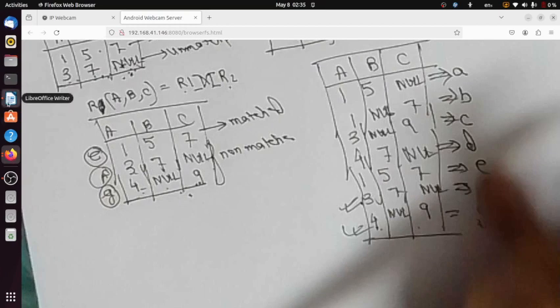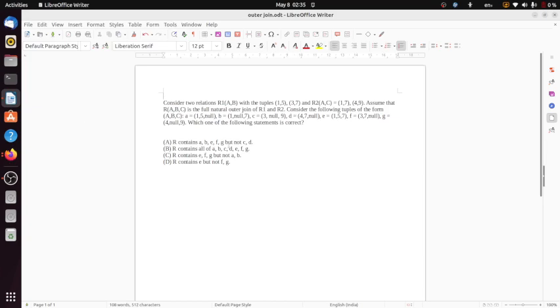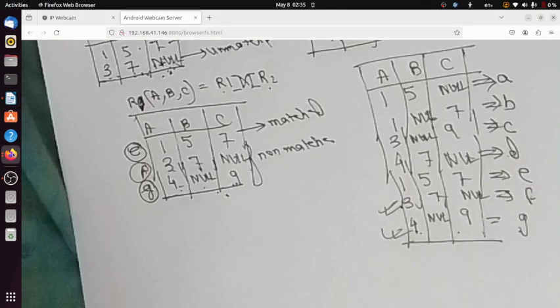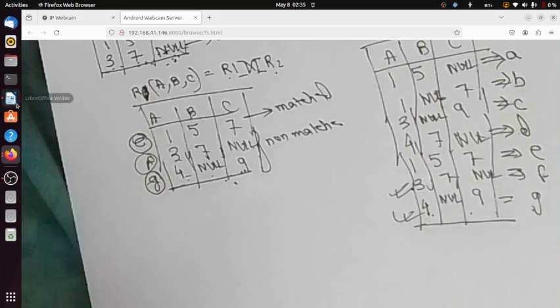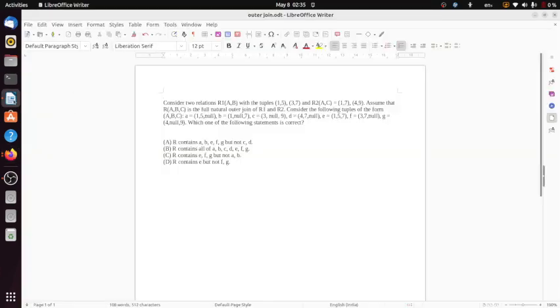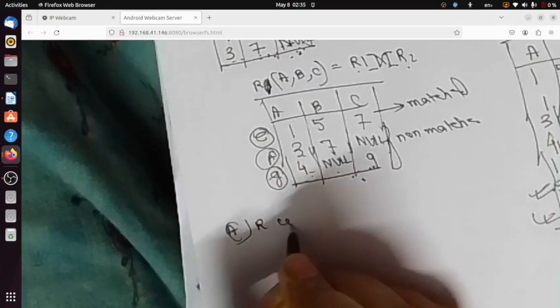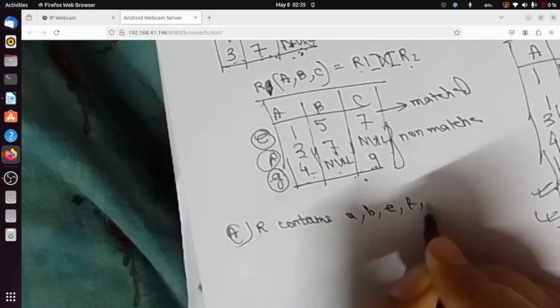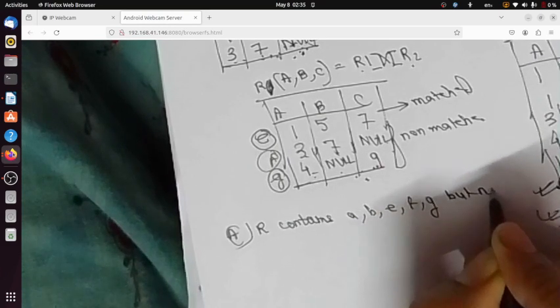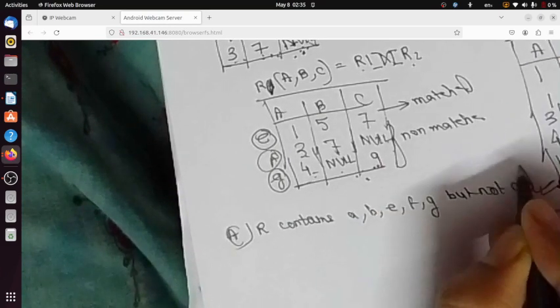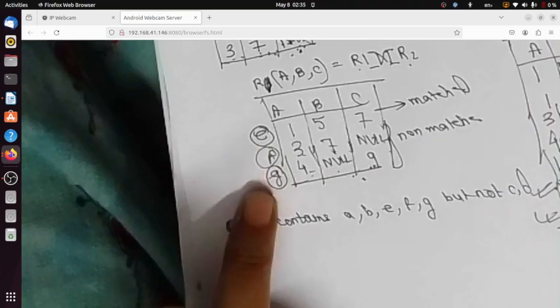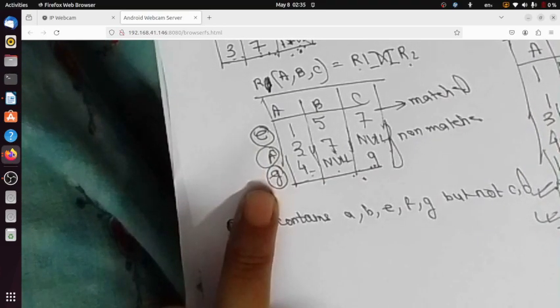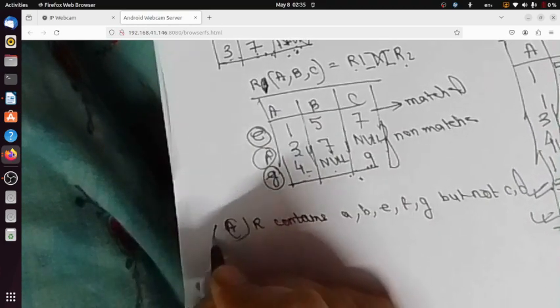Now option A says R contains A, B, E, F, G but not C, D. Actually R contains only E, F, G but not A, B, but here it is written that R contains A, B, E, F, G, so option A is not correct.